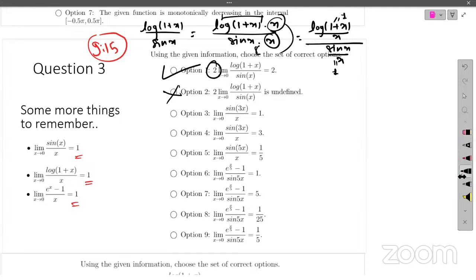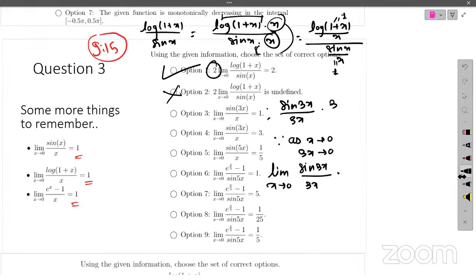Now the third option says limit x going to 0 of sine of 3x upon x. But we only know sine of x upon x. So to adjust this 3, we can use some tricks. We know that we can write sine of 3x upon 3x, so we multiply and divide by 3. Now since as x goes to 0, 3x also goes to 0, this limit is the same as limit x going to 0 of sine of 3x upon 3x into 3, which is the same as limit 3x going to 0 of sine of 3x upon 3x into 3.